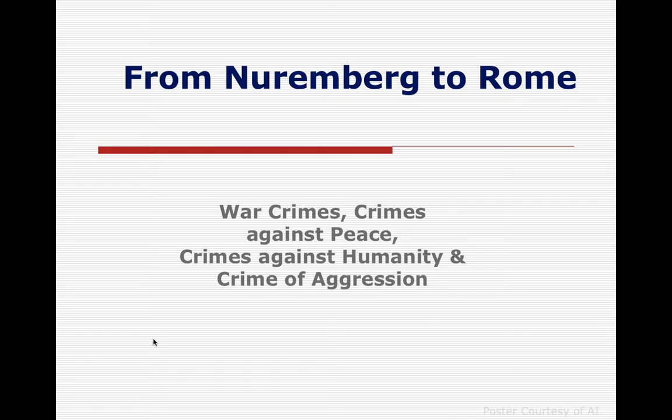The title of this part of the presentation, Nuremberg to Rome, points to the first effort by the international community after the end of World War II to hold individuals accountable for their actions.